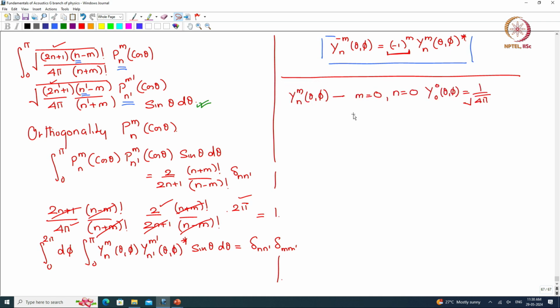So if I now have m equal to minus 1 and n equal to 1, then I have Y minus 1 1 theta comma phi, that is equal to e to the power minus i phi square root of 3 over 8 pi sin theta.